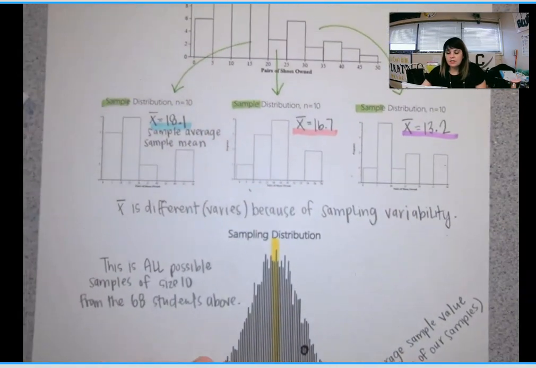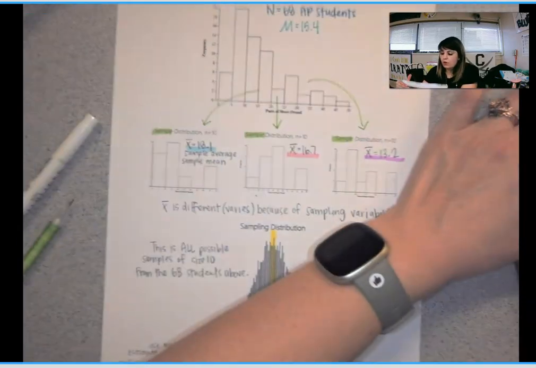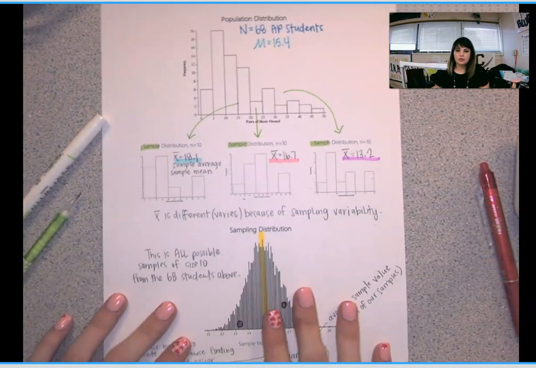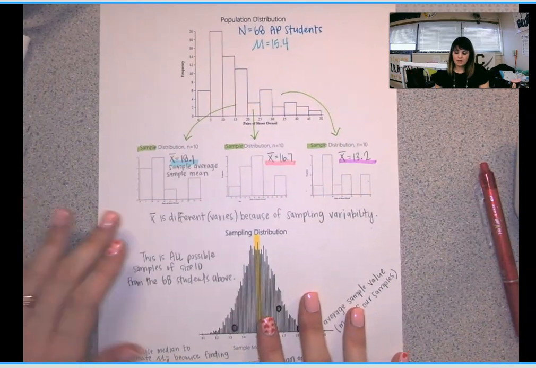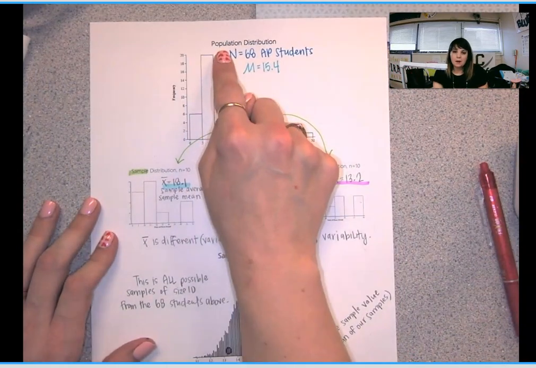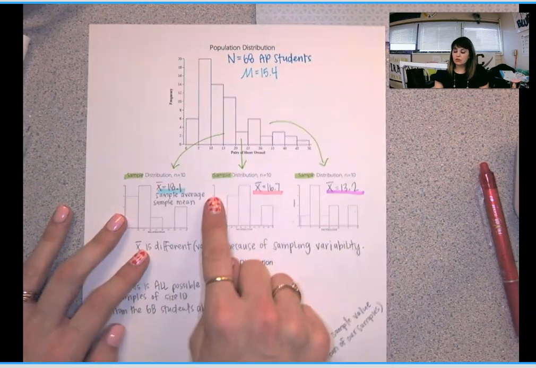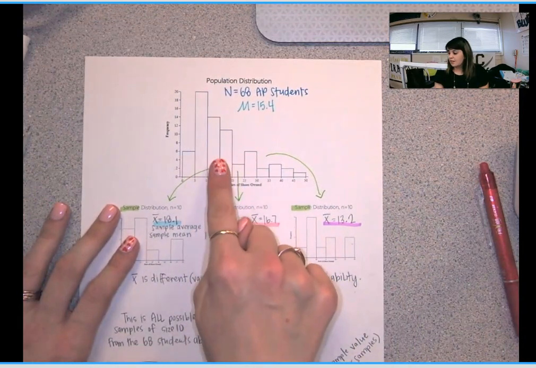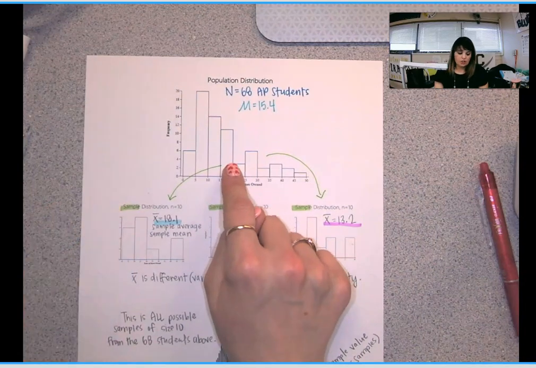So now let's take an overall look and make sure that we understand what is happening here. This is a population distribution. This distribution always looks like this. It never changes.